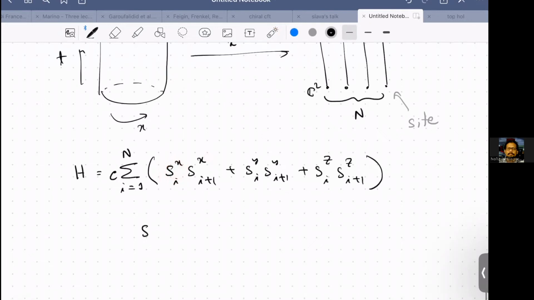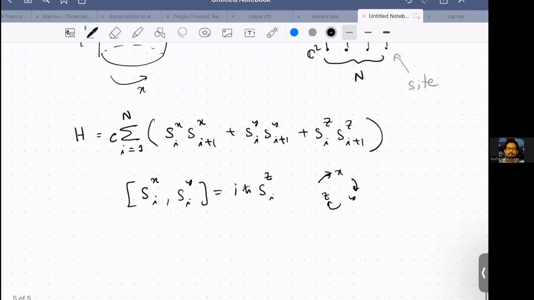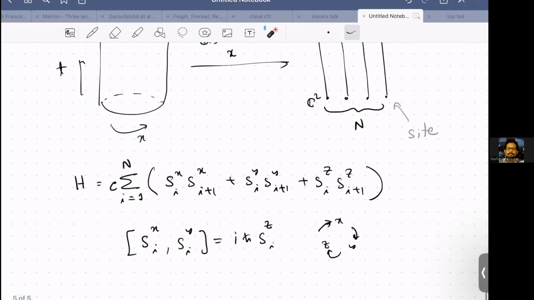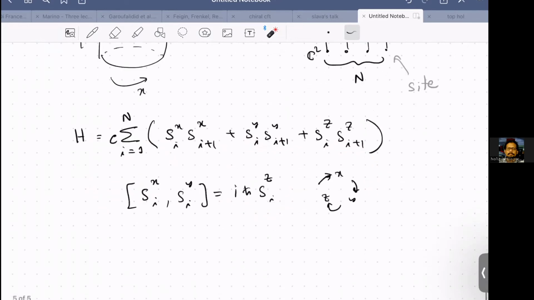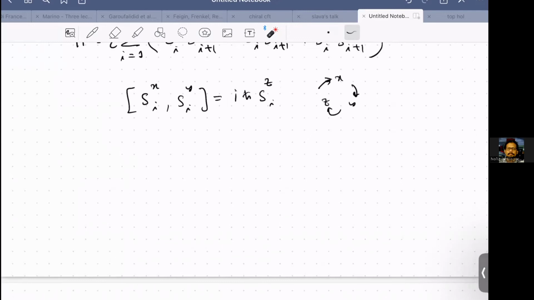So basically, they satisfy the following commutation relation, and cyclic permutations of X, Y, Z. Okay. Yeah, so basically this was our first attempt at modeling ferromagnets. And what I'm going to say now is that this quantum system is integrable. But let me first talk a bit about how we see this Lax formulation in this system.